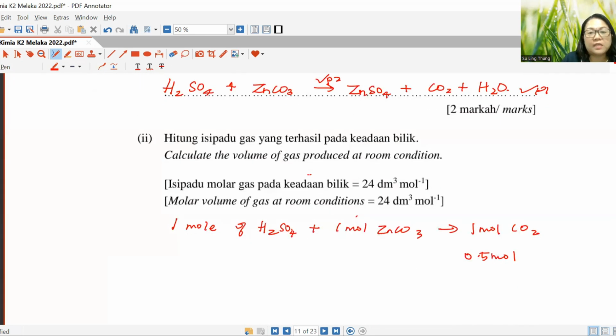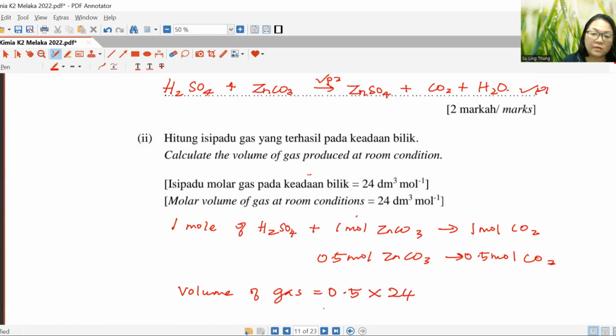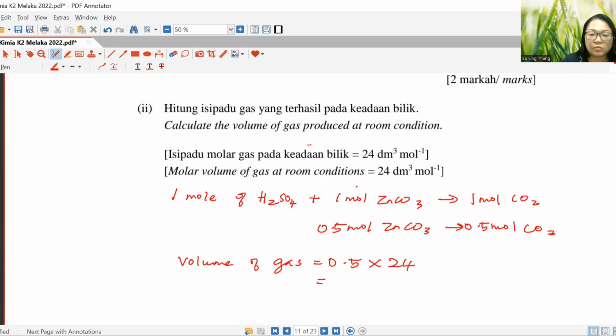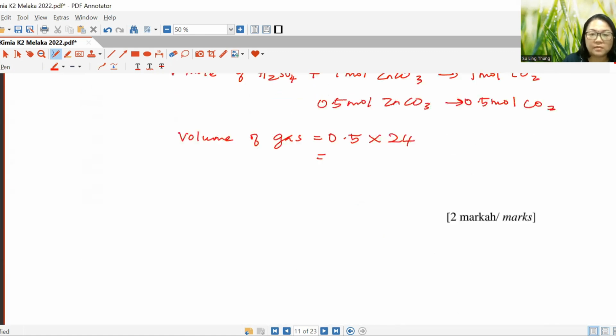Oh, sorry, 0.5 mole of zinc carbonate, meaning 0.5 mole of CO2 also produced. So the volume of gas is equal to 0.5 times 24. So this thing, the answer will be 1.2 dm cube. Okay, sorry, 12 dm cube.